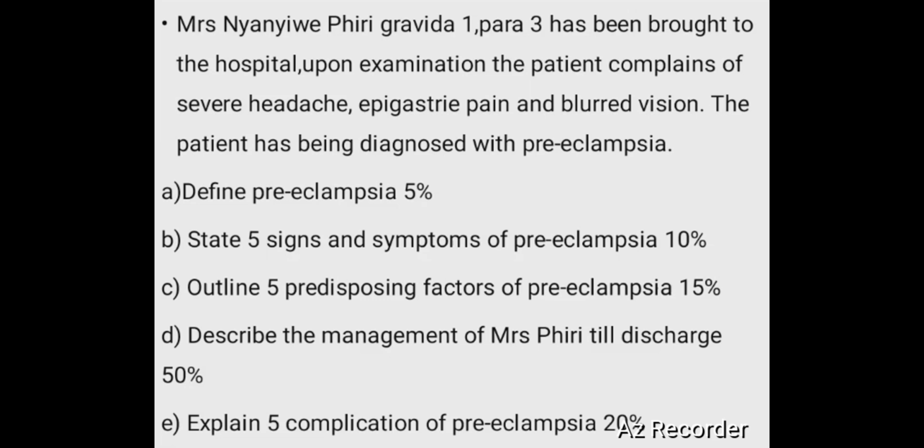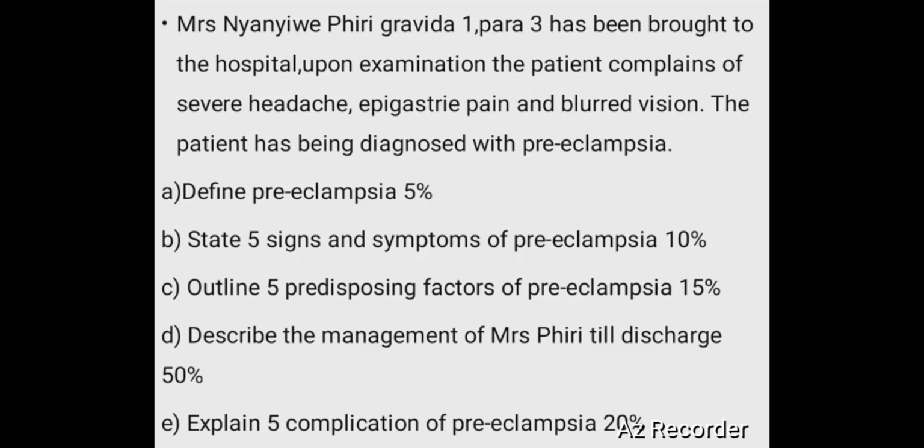Then the fourth one, you can talk of genetics. So this is when preeclampsia may occur as a result of it running in the family. So an individual who is pregnant and there is a history of preeclampsia in the family is at a higher risk of also having preeclampsia. Another predisposing factor that we can talk about here can be a previous preeclampsia.